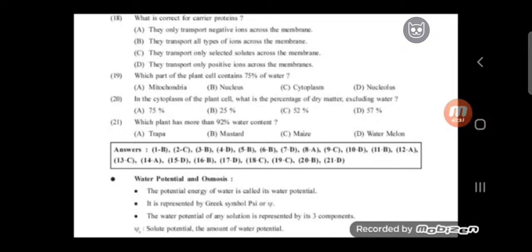So the plant that has more than 92% of water content is option D, that is watermelon. Okay, so these are the starting basic topics on NEET CT questions.